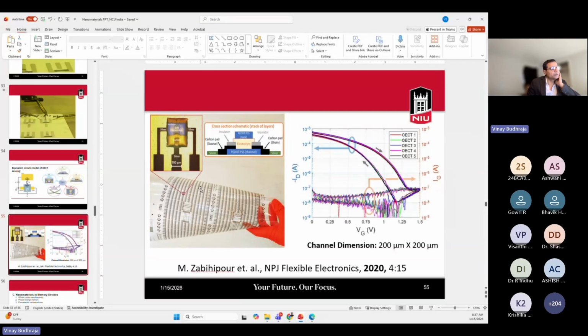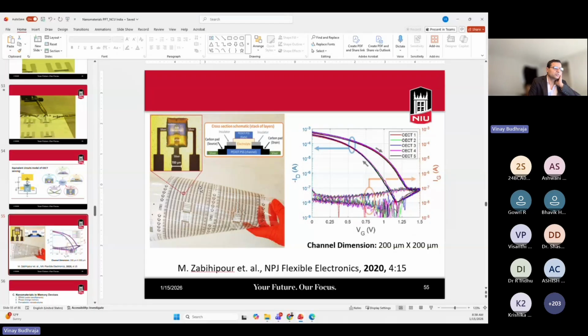Right now, these devices are wet devices, and the requirement is to move towards dry so that it can be used in memory applications and neuromorphic computing, and that is possible if you use a solid electrolyte.